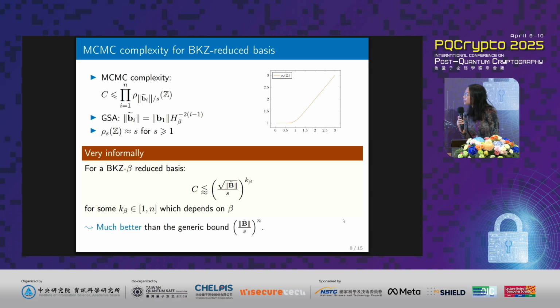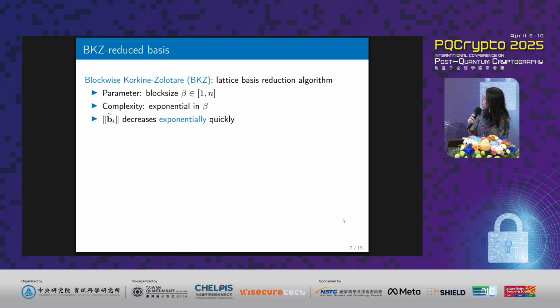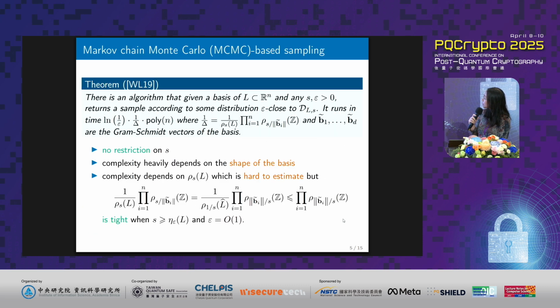But could it be that C is much lower than your upper bound? Well, this complexity came from the previous paper, in this theorem here. And I think this is quite tight from what I understood from the previous paper. There's only one term, which is this term here, which we upper bounded by a constant using the definition of the smoothing parameter. So you will lose a constant factor.